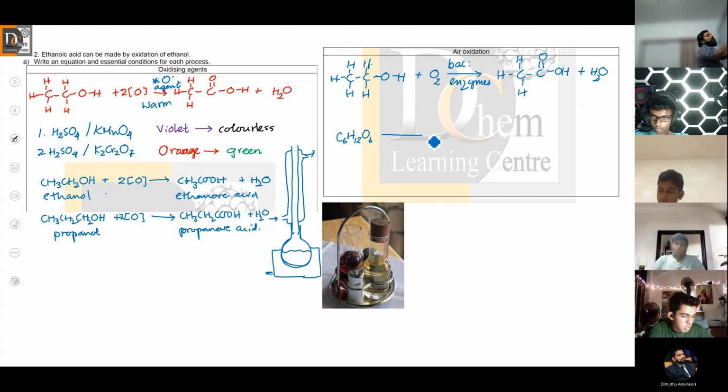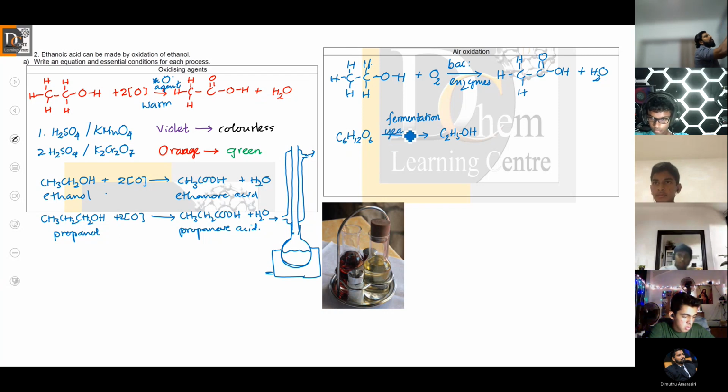Glucose, we carry out fermentation. What will it give? Ethanol. This is not balanced here, just a representation of the reaction.